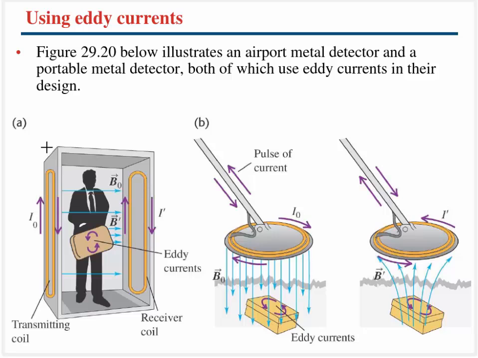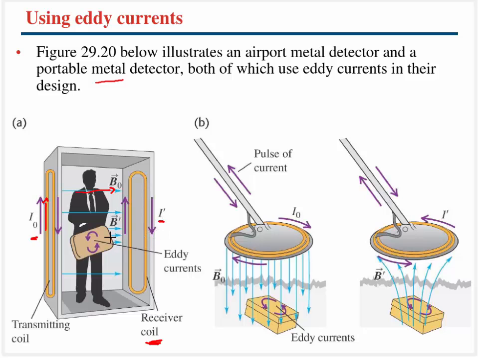So let's take a quick look at a real-life application of this, thinking about a metal detector that you go through in an airport. Essentially, the way it works is it's going to have a current running through a wire. It's going to have a magnetic field going through it, and then we change that, which changes the magnetic field. On the other side, we're going to have a receiving coil, and that one knows what magnetic field it should be receiving, and it knows what current it should be receiving.